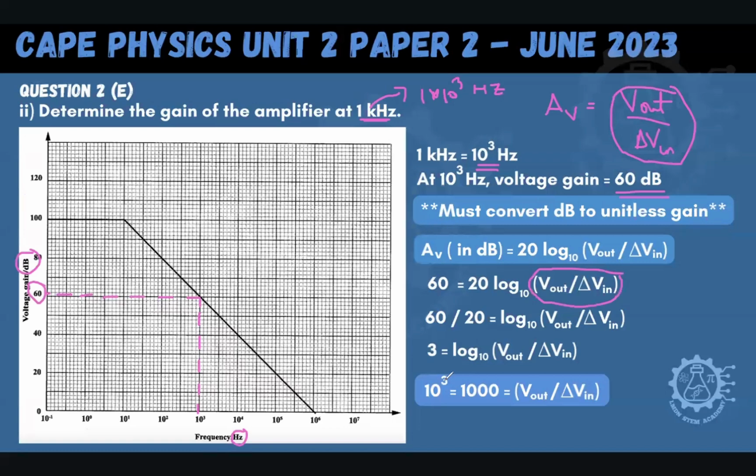So I'm going to do 10 to the 3, which is the same as 1,000, is equal to V out over delta V in. And this is our final answer. That's what we're expected to do for this whole 3 marks here. So that's what they want us to find. That is the gain of the amplifier, 10 to the 3 or 1,000, at 1 kilohertz, which is 10 to the 3 hertz.